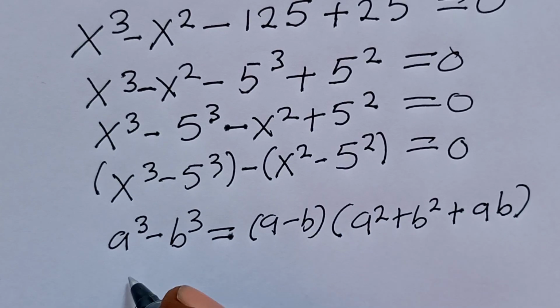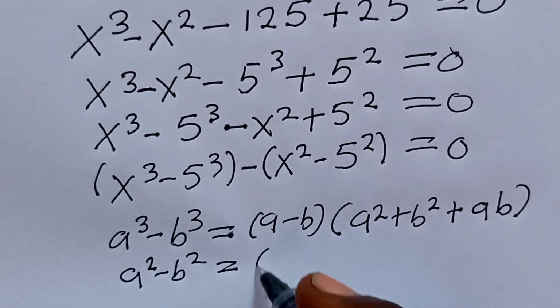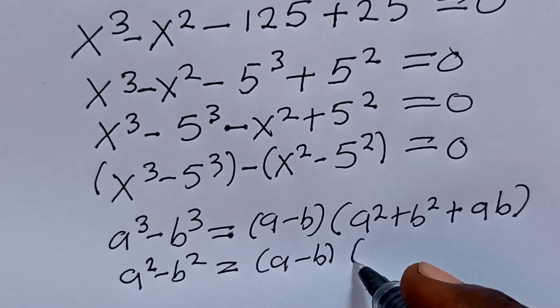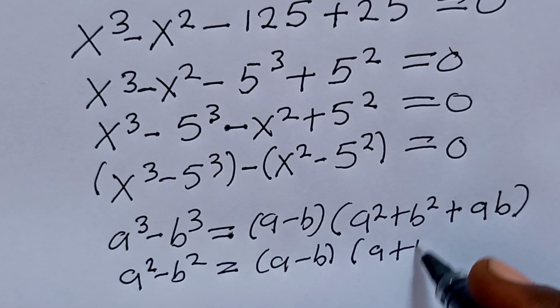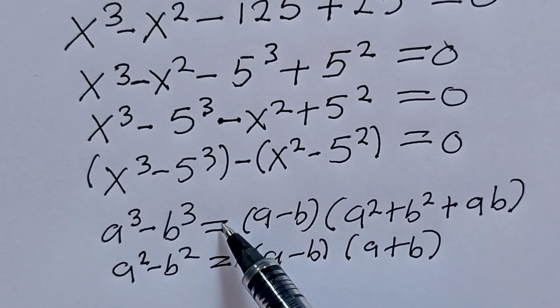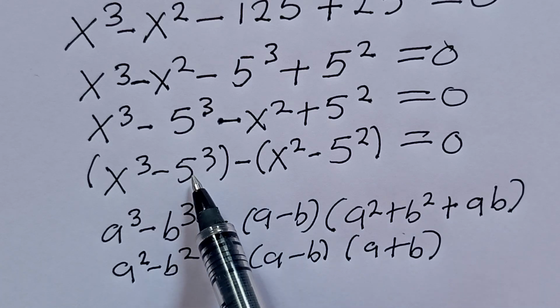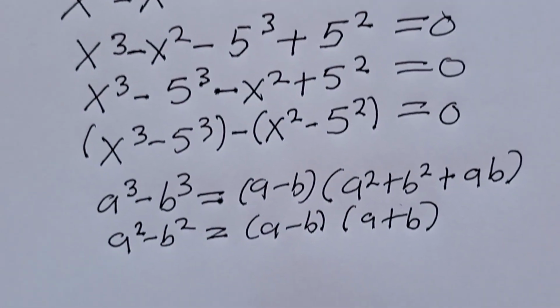And our difference of 2 squares, a squared minus b squared, is giving us a minus b and a plus b. So now remembering these two, let's apply it here because we have difference of 3 squares and difference of 2 squares.